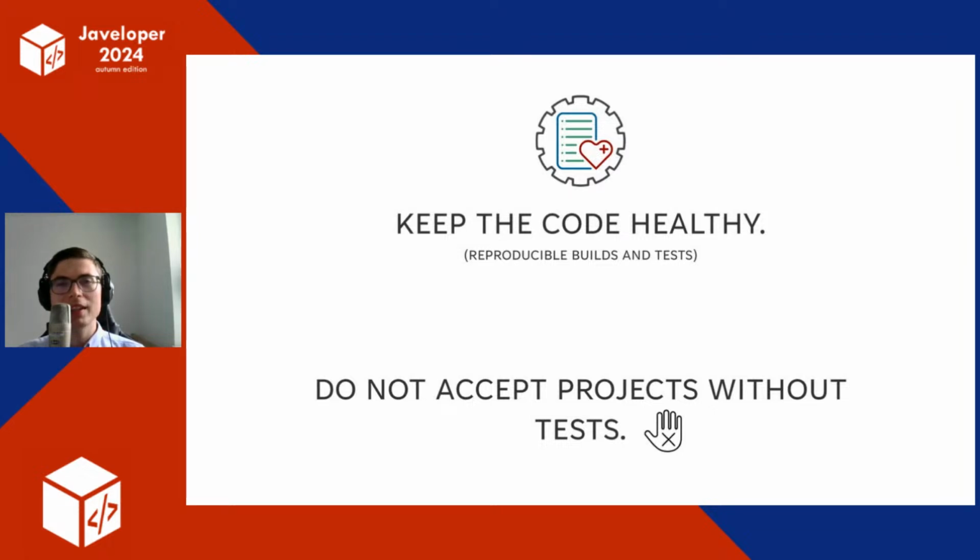Do not allow any situations where the builds of services are failing on master for whatever reason. And have also stable tests and sensible tests that are testing your application in a good fashion.